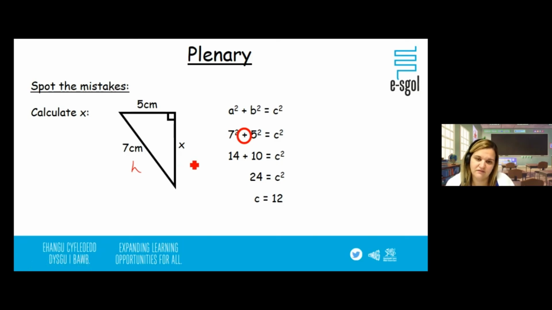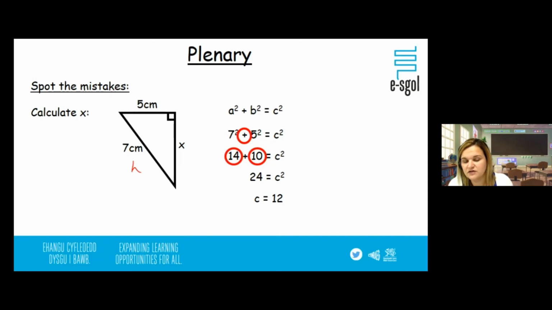There's also another mistake, or 2 mistakes, on the next line. If we go back to the very first thing I went through with you, squaring means that you times by itself. But what's happened here is that the person has multiplied by 2. We've doubled this number. So the 14 and the 10 are both incorrect because they should have been times by itself, not doubling. And even if they had got 24, which is now wrong, when we go down to this last line, where they should have taken the square root of 24, they've halved it.